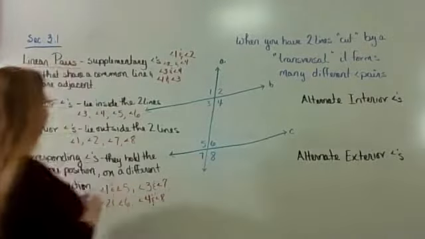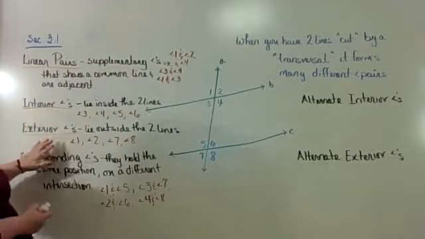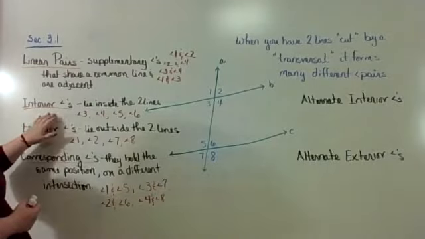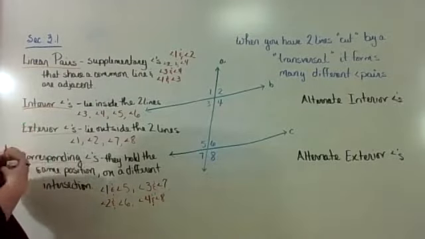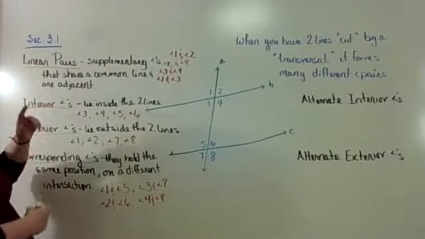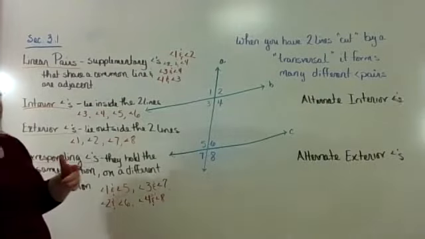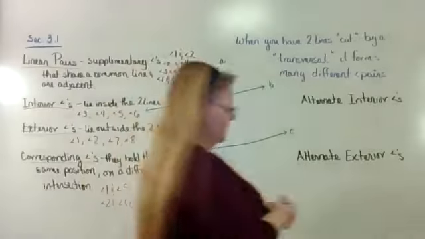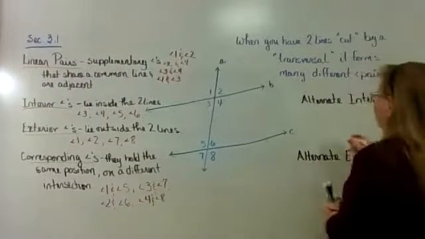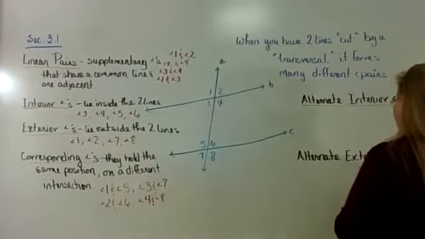Okay, so we talked about interior angles and exterior angles. You know, interior angles are in between the two lines, right? And exterior angles are outside the two lines. That leaves us with alternate interior angles that we need to talk about and alternate exterior angles that we need to talk about.